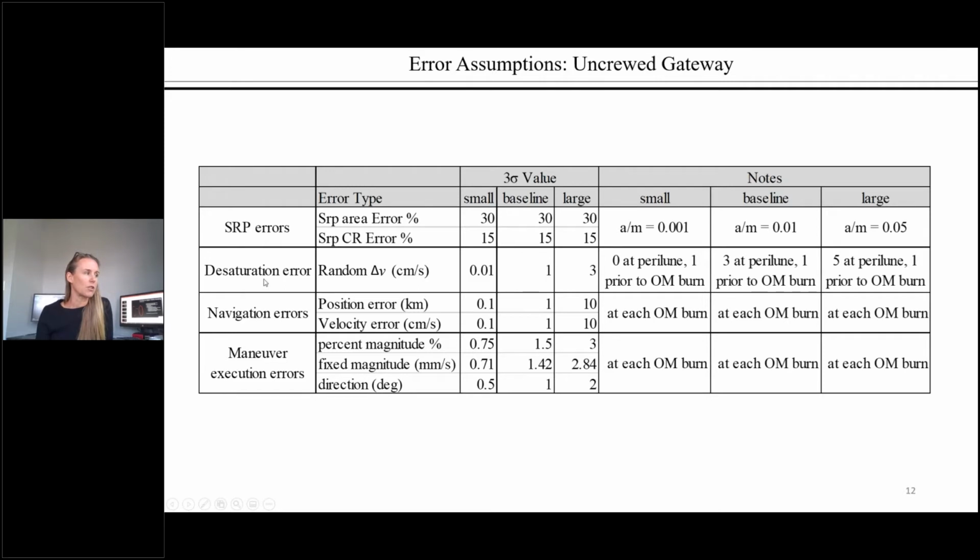We look at solar pressure, momentum wheel desaturations, navigation, and maneuver execution errors. And we've defined a baseline set of errors, and then I wanted to bound the costs that we're seeing. So we have a set of errors where everything is tiny, and a set of errors where everything is large. In the paper, I vary these one at a time, but I don't think I did that in this presentation. But mostly we'll be focusing on these baseline errors.